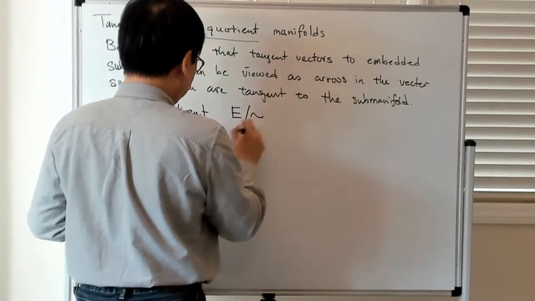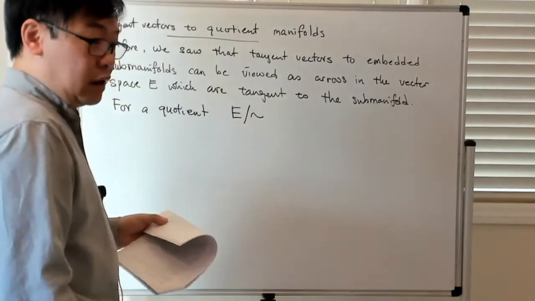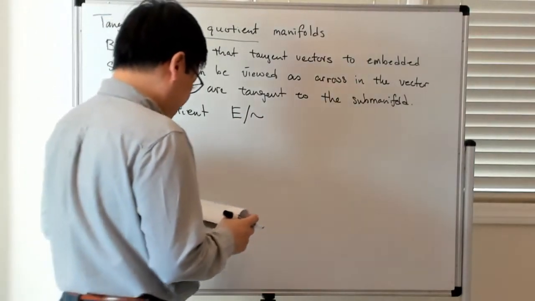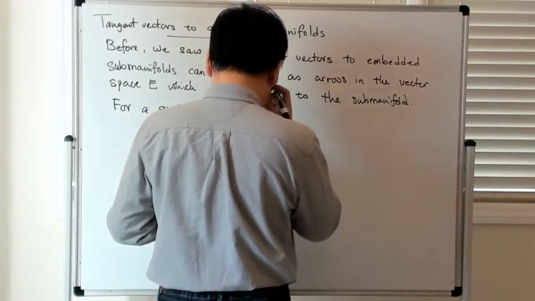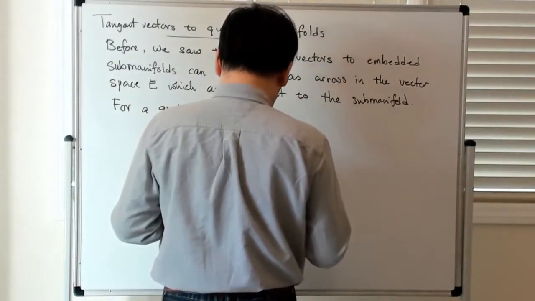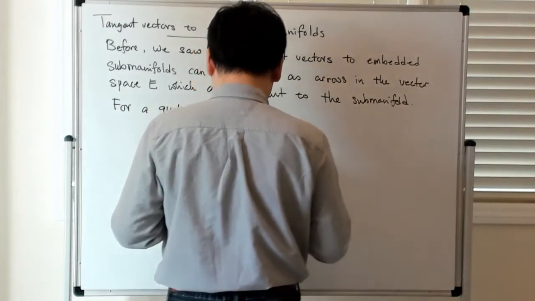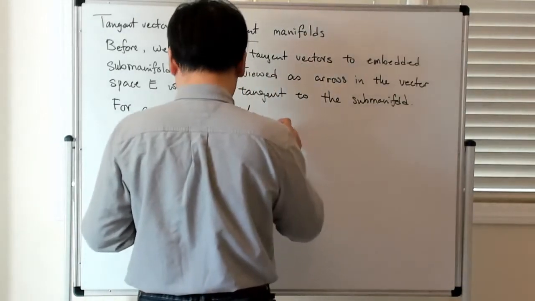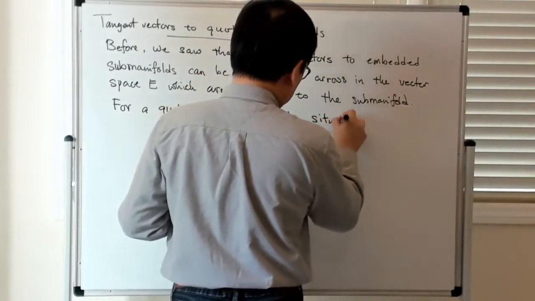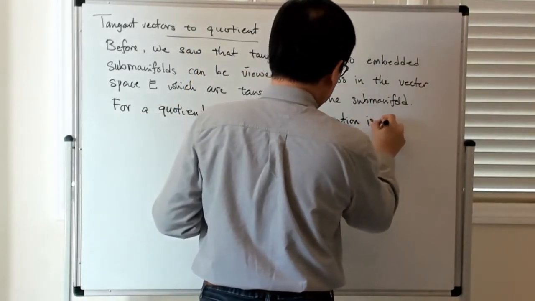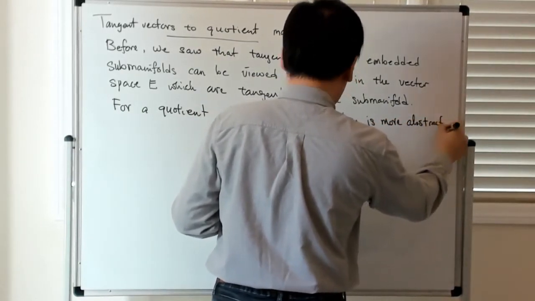So let's think of the vector space E modulo some equivalence relationship. The situation is more abstract. But let's see what we can do.